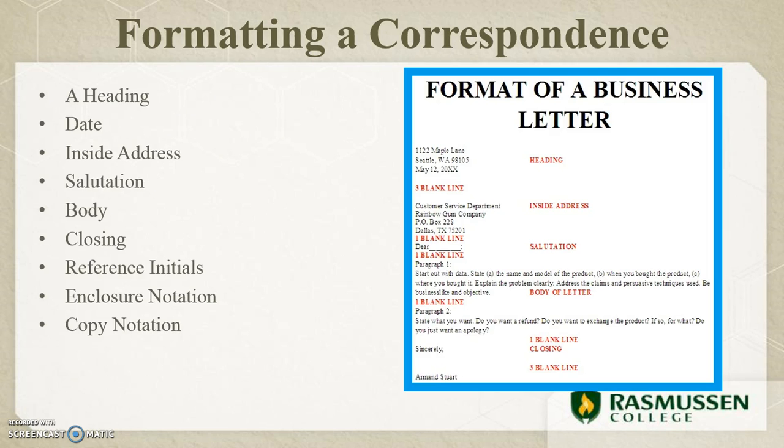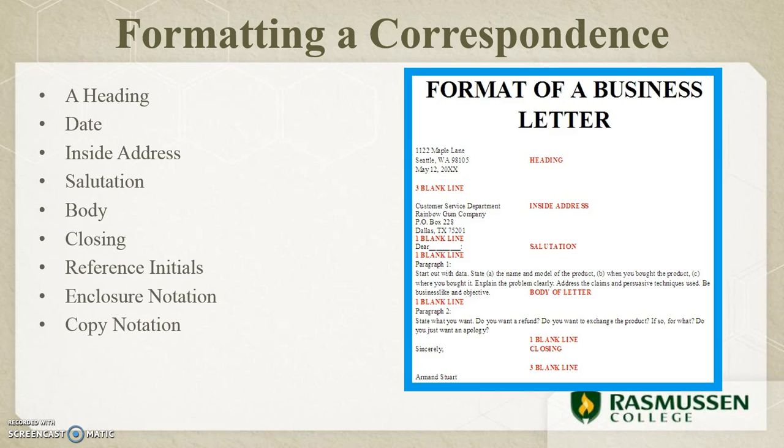Now, when you are formatting a correspondence, you need to use a business letter style. When we're using a business letter style, there are some formatting pieces that need to be present. For example, a heading is the first thing that you need. This is usually your company letterhead. You want to make sure that you're writing letters on those, as it gives it that professional, clean look that you need.